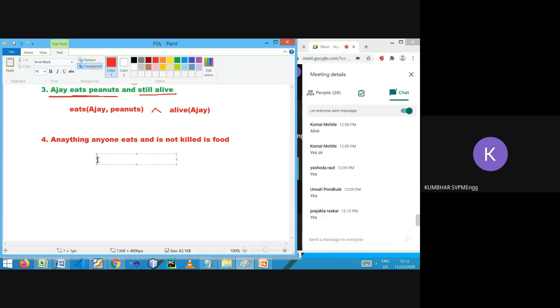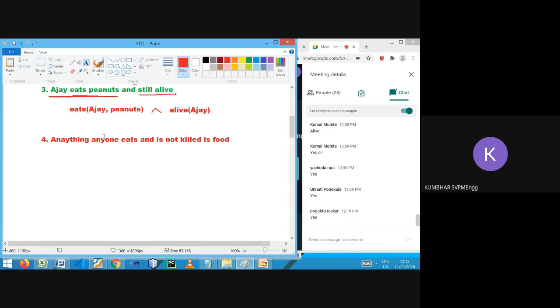Okay, let me tell you. What is food that is mentioned in this sentence? Probably it is for vegetarian people. This is a vegetarian definition. Anything anyone eats and is not killed is the food.